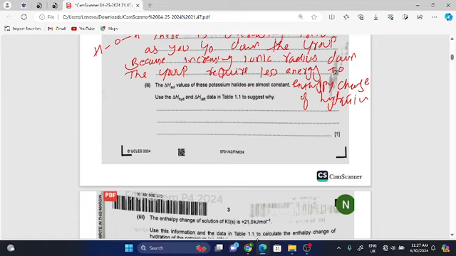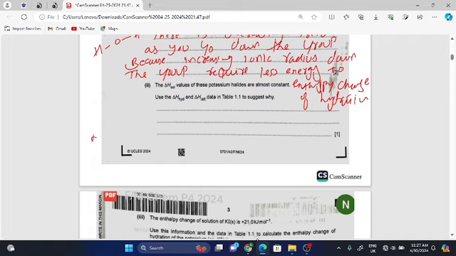Enthalpy change of solution for the potassium halides is almost constant. Use the hydration and lattice energy data to suggest why this could be. So write down the equation of enthalpy change of solution that relates hydration and lattice energy first.